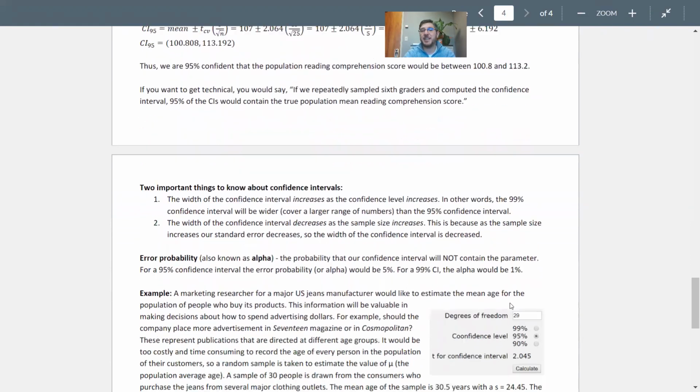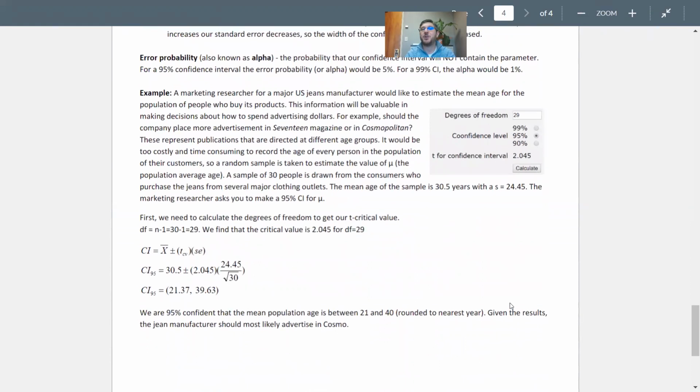Let's look at another example. A marketing researcher for a major U.S. jeans manufacturer would like to estimate the mean age of the population who buys its jeans. This information could be very valuable for how to spend advertising dollars. For example, should we advertise in 17 magazine or in Cosmopolitan?